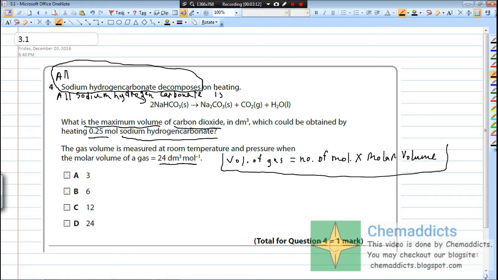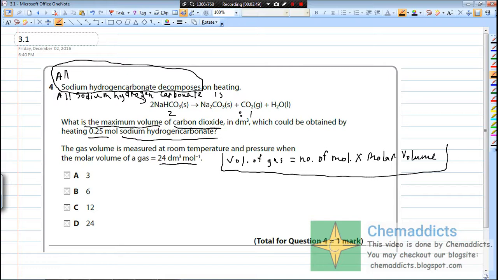So now we can use this amount of mole of sodium hydrogen carbonate in order to find the number of moles of carbon dioxide by using the mole ratio. Here the mole ratio with sodium, why am I saying sodium hydroxide, as it is sodium hydrogen carbonate. Okay, this is my mistake. By the way, the mole ratio of sodium hydrogen carbonate to carbon dioxide is 2:1.